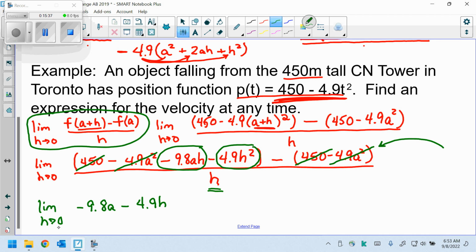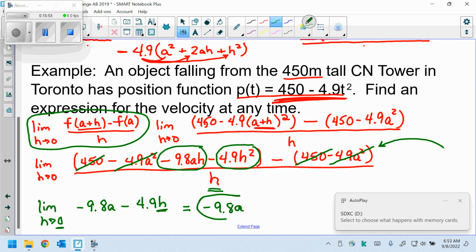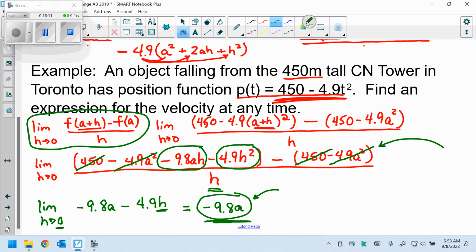And if h approaches 0, I think what I'm going to get is negative 9.8 times a. Now, we don't know what a is. But whatever the value of a is, whatever x value we're approaching, whatever value of time we're approaching, to find the instantaneous velocity, I'm just going to take negative 9.8 times that time value.